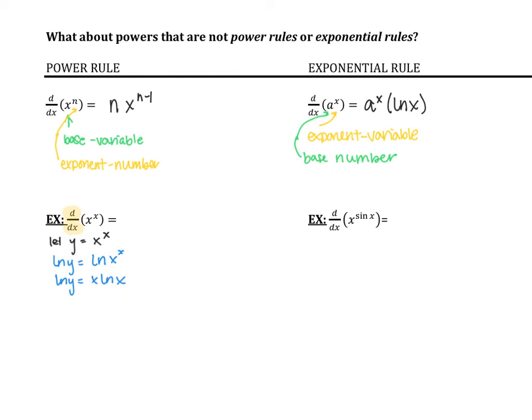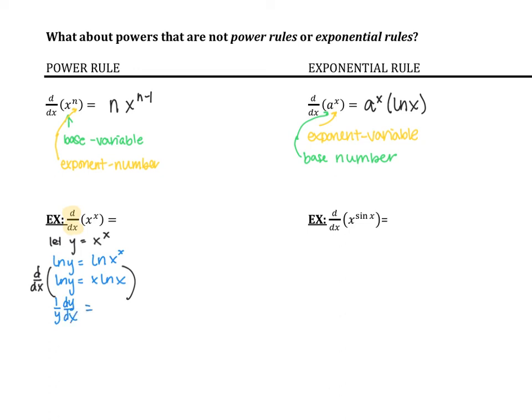If I take the derivative of the left-hand side, this would be 1 over y, but it would be dy dx, the derivative of y with respect to x.